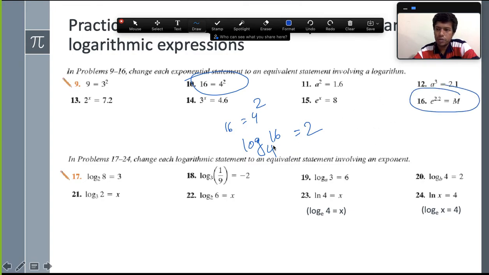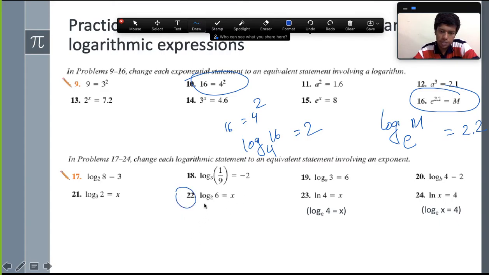Suppose we want to convert this one: the base is here, so the base will always remain the same. This is m equals 2.2, I suppose, as it is looking from here.